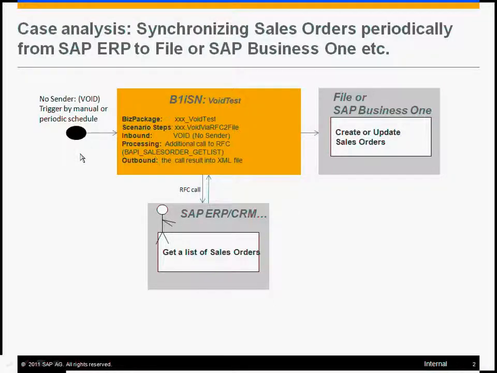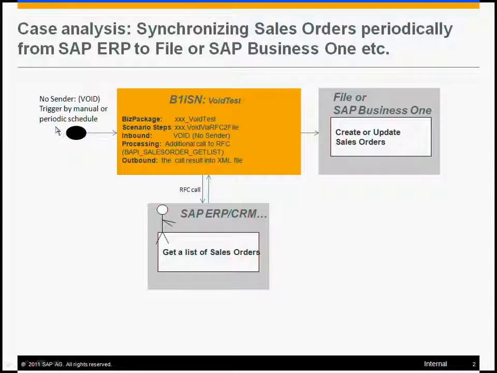First, topic 1: we would like to learn the new feature in the B1i SM 8.8 patch level 7, the latest patch, patch 07. A new system type, Vault, has been introduced to support creating integration scenarios without a sender.